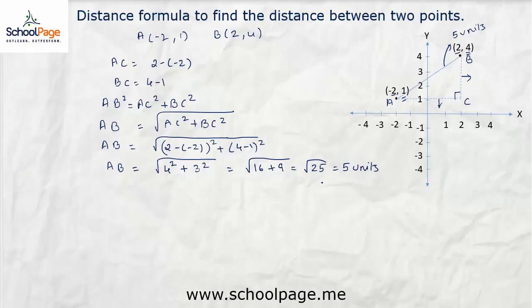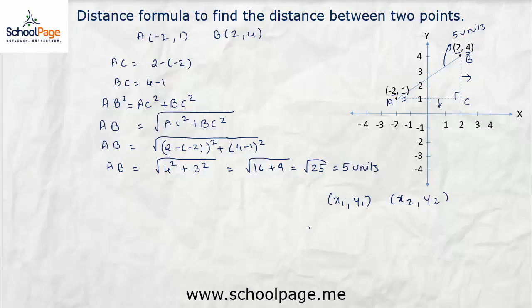Now if we have to find the distance between 2 points (x1, y1) and (x2, y2), we can find the distance between these 2 points by drawing a right-angled triangle like we drew before. We can also find the length of the hypotenuse using the Pythagoras theorem. The length of the hypotenuse is the distance between the 2 points, and this is the distance formula.